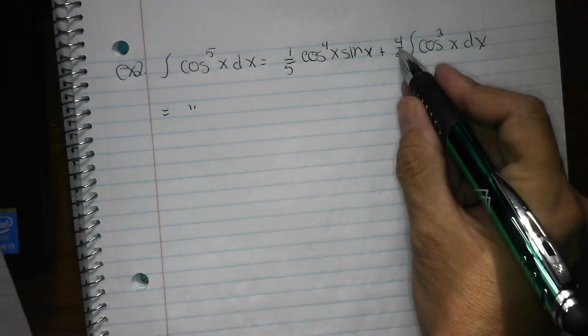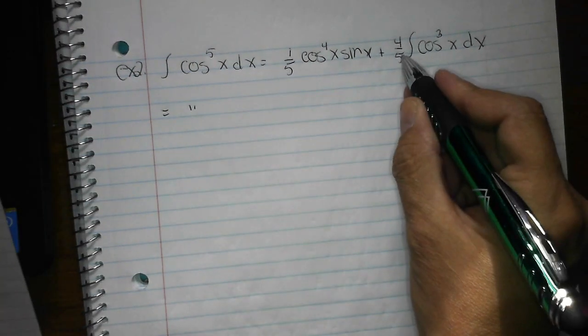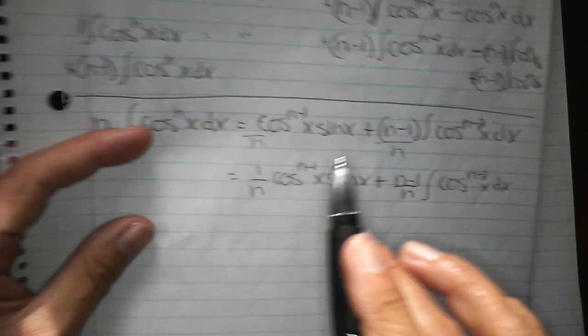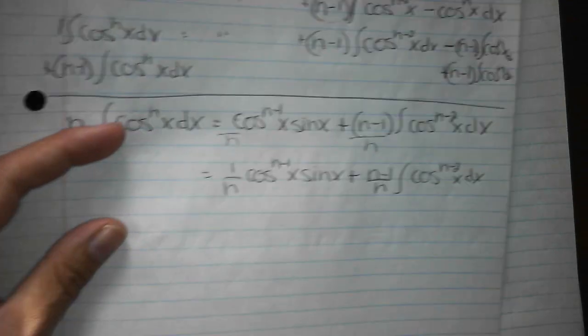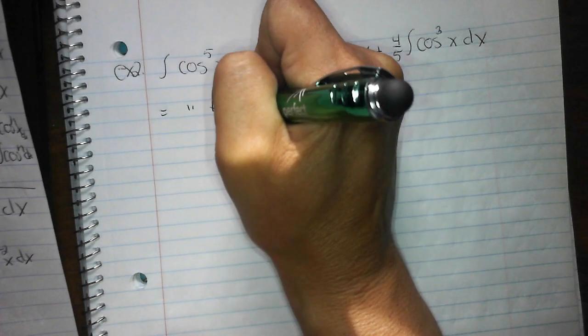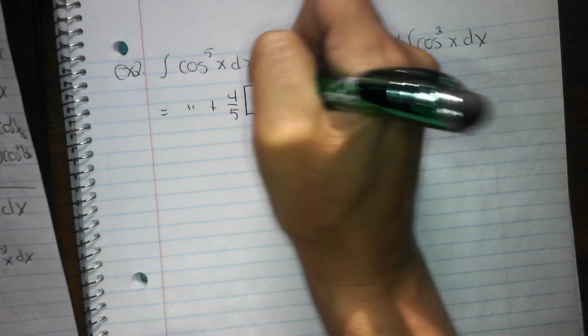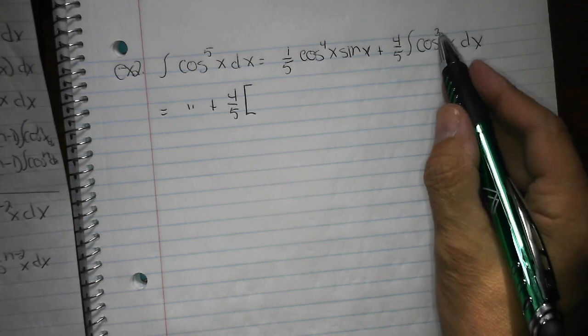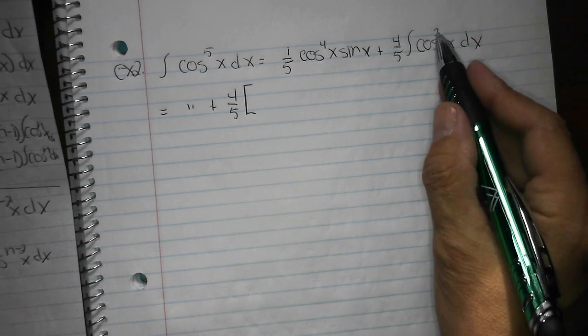Now this 4/5 has to get distributed to both of these terms that are coming. So I'm just going to use brackets for now. Now I'm going to follow the cosine to the nth reduction formula again. Now my n is a 3.